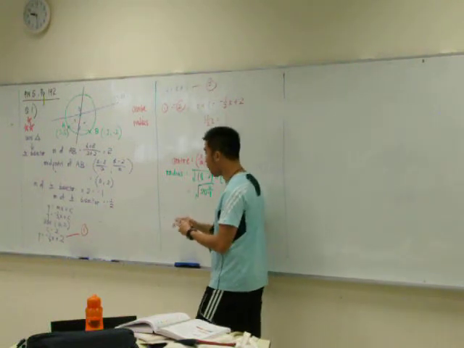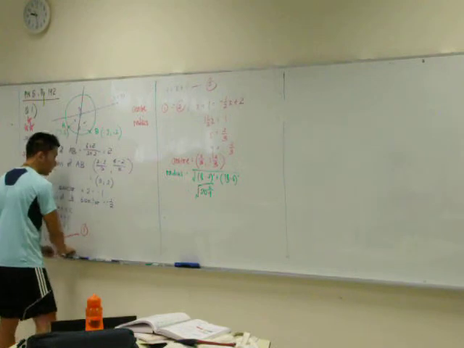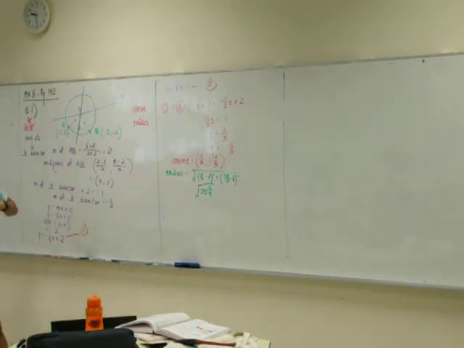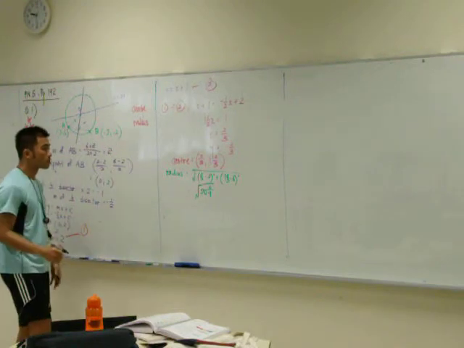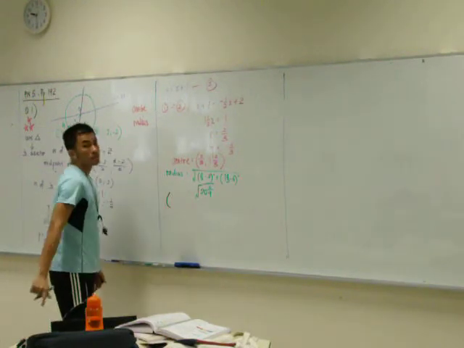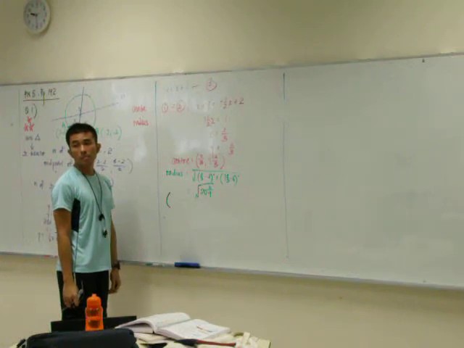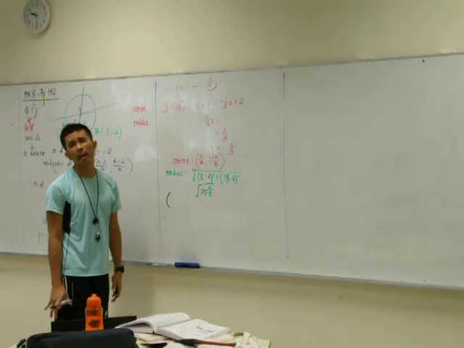Now, Jinan, how to form the equation of the circle? You don't need to copy, you just need to help me form it. Excuse me, all the hard part has been done.